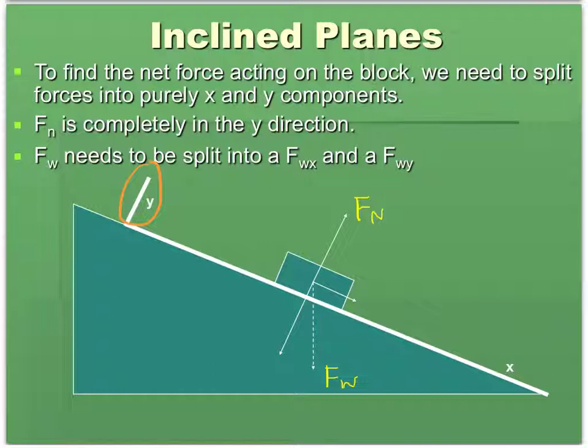So the only thing that we need to worry about taking care of is the FW. So we've got our force of weight, which again we know acts straight down, and we can take that and find its x and its y components, and I'm just going to call those FWX and FWY.